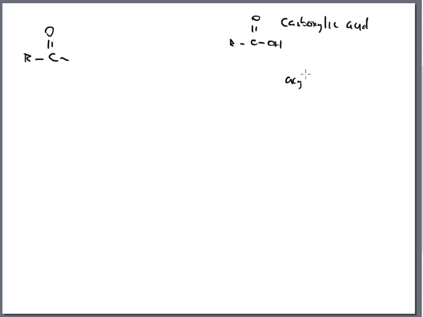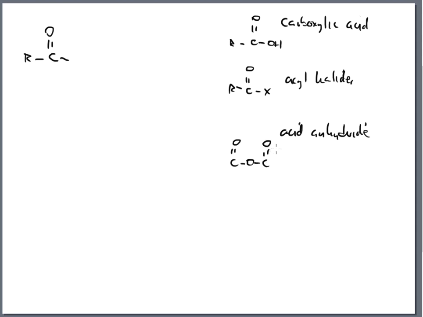And then we talked about the acyl halides, and the acyl halides had a C double bond O with a halogen over on the right hand side. And then we had an acid anhydride. An acid anhydride was basically this carbonyl that has a BFF of another carbonyl, and they hang out together through the mediator of an oxygen.